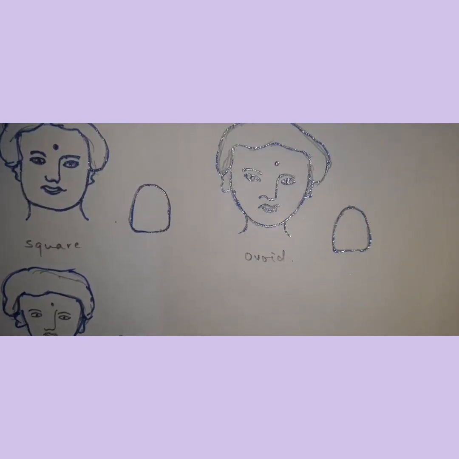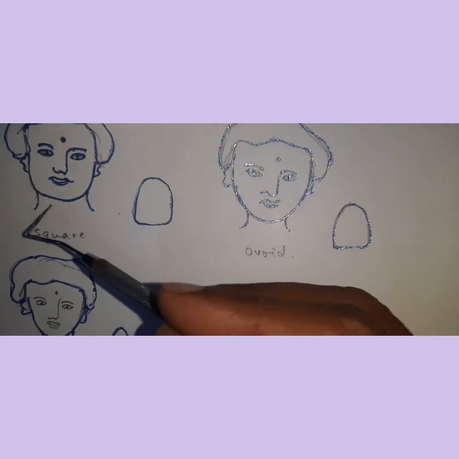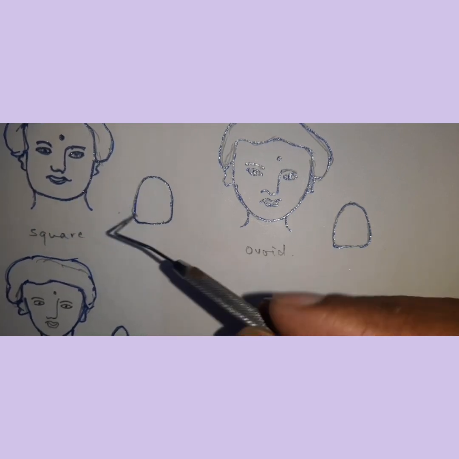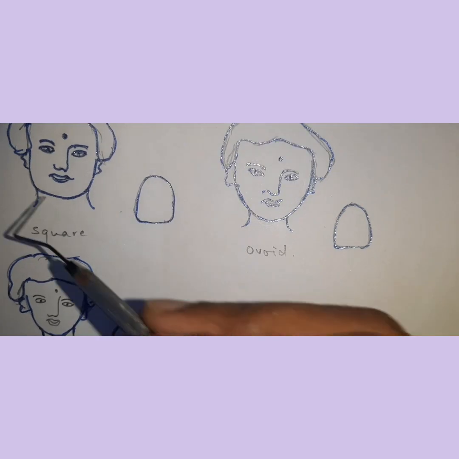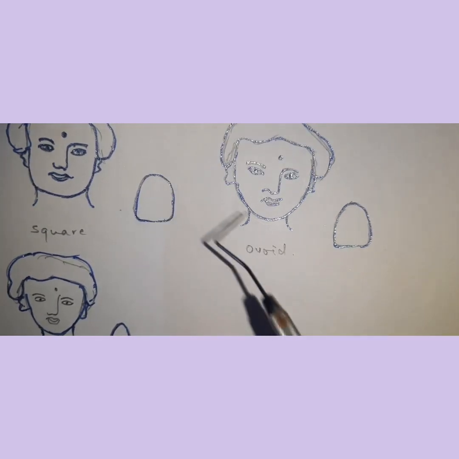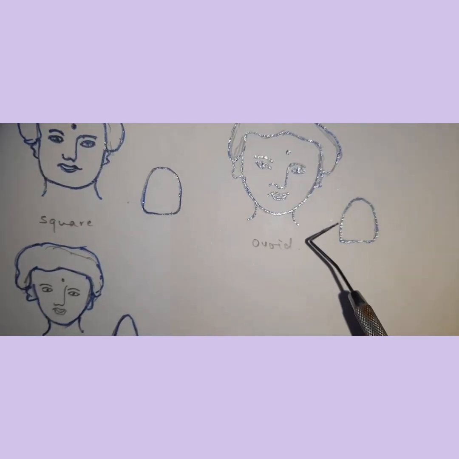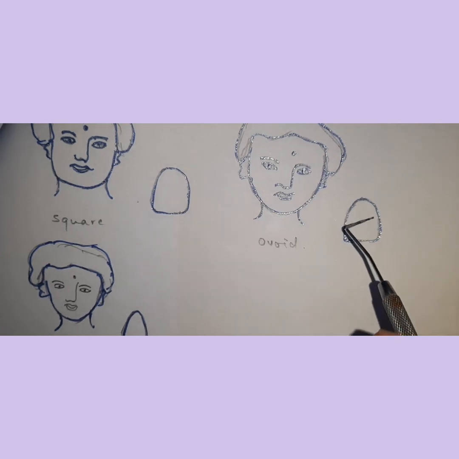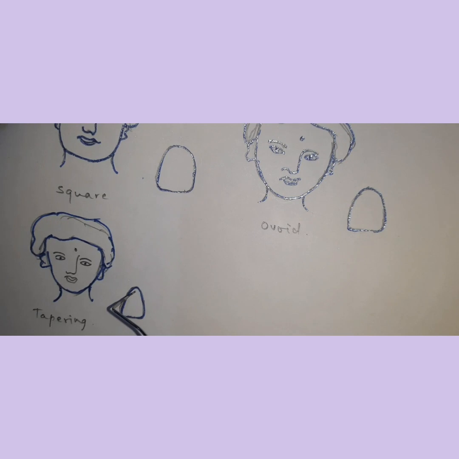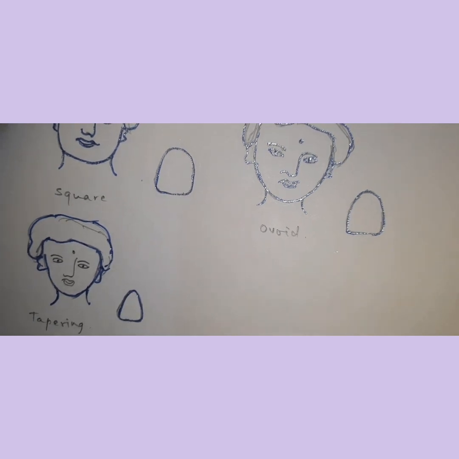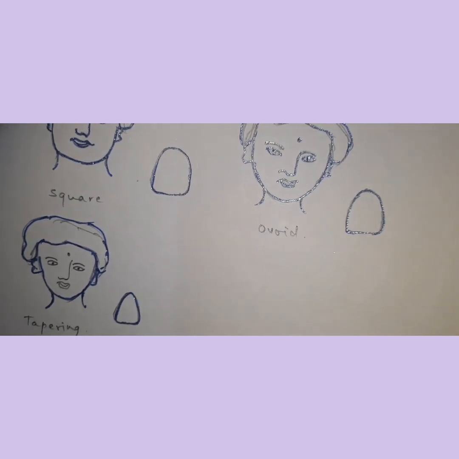Whatever the facial form, if it is squarish, the neck of the teeth should follow the same contour, more of a squarish type of teeth. If it is ovoid, the neck of the teeth should be more ovoid, and similarly if it is tapering, then it should be more tapering. This is how you select the teeth on the basis of the facial form.